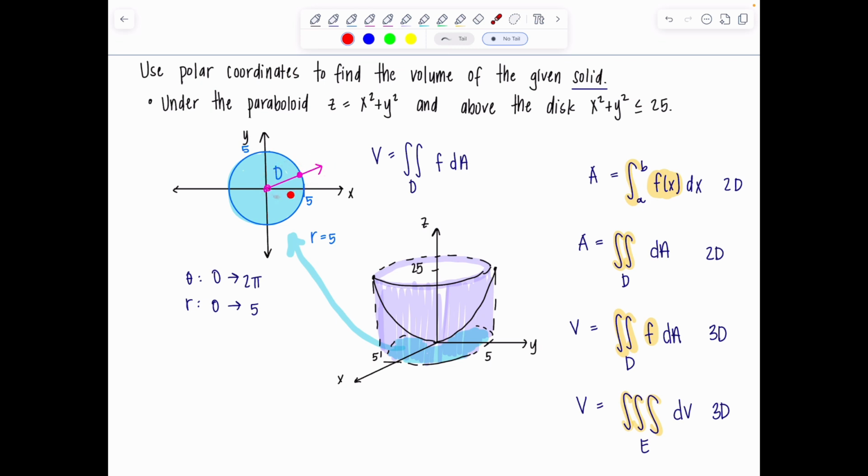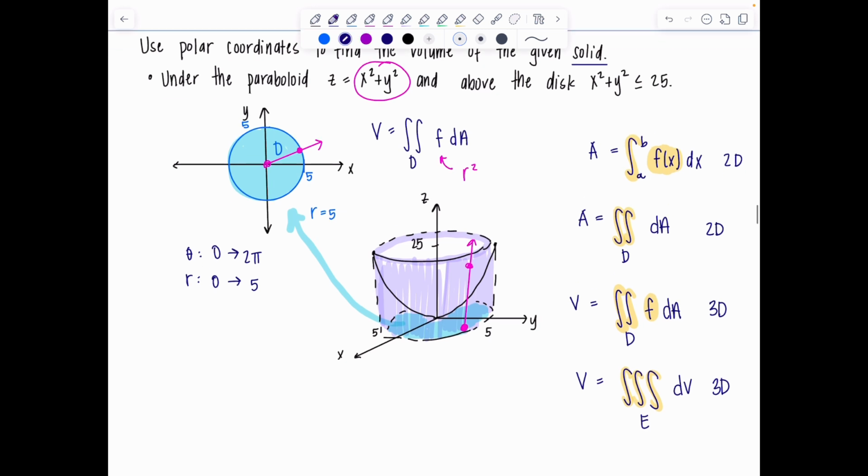You just know that the height of the solid is in the z direction. So you can draw starting at the xy plane a ray and have it go upward. It starts when z is 0 and it exits at the paraboloid, okay? So the height, the function, is just going to be the paraboloid x squared plus y squared, which is r squared in polar. Okay, I think we're ready, people.